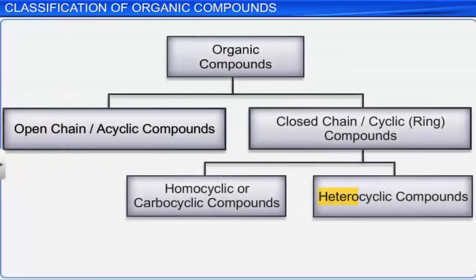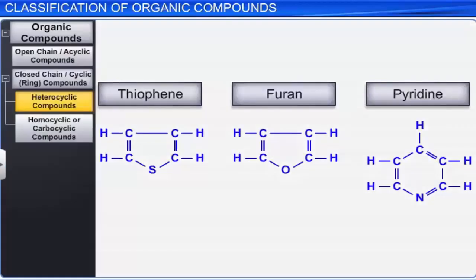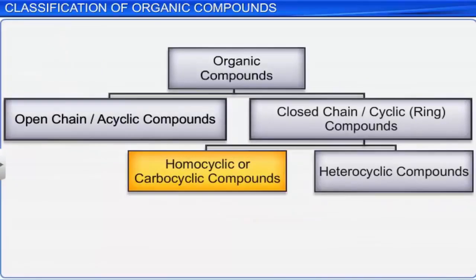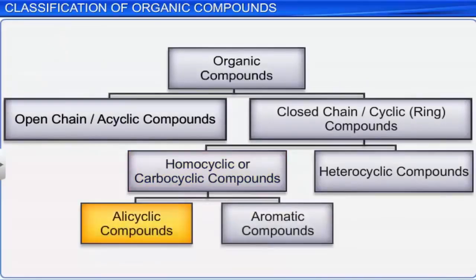The word hetero means different. Heterocyclic compounds are those in which the ring consists of carbon atoms as well as other atoms like sulfur, oxygen, or nitrogen. Homocyclic compounds can be further classified as alicyclic compounds and aromatic compounds on the basis of their characteristic properties.